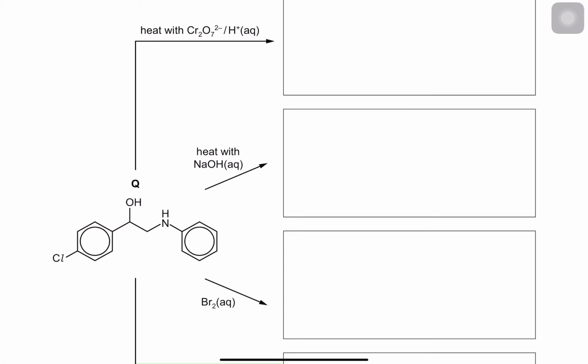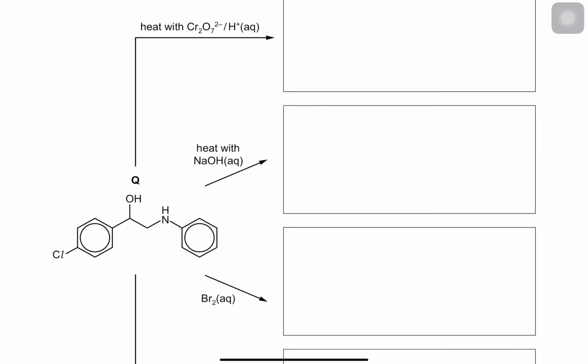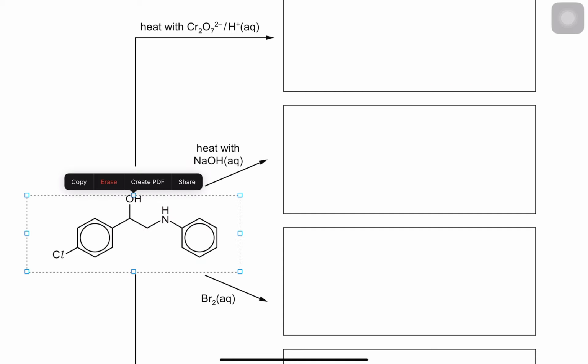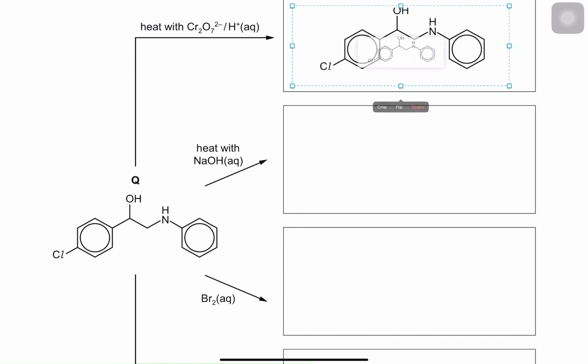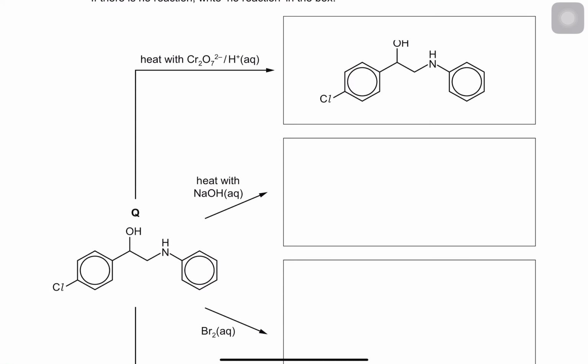Okay, so this molecule they are heating with dichromate in the beginning. If I heat it with dichromate, let me just copy this part. Hey, why did it not copy? What happens is, I will simply make it a ketone group over here.